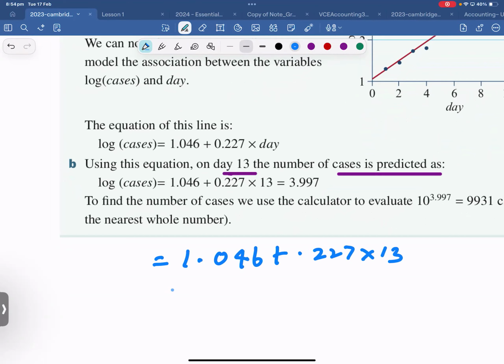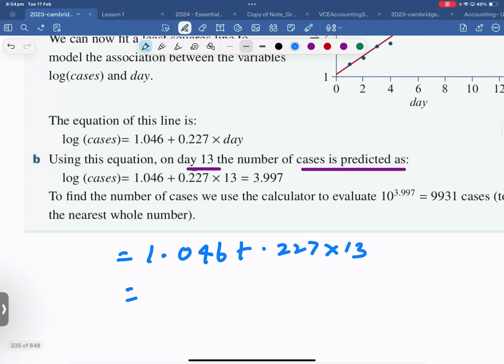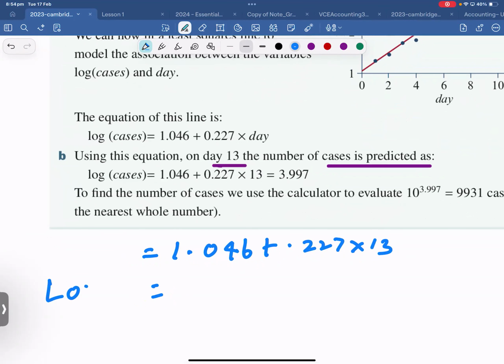Then what do we get, guys? Here the answer is 3.997. So this one, log y or cases, is going to be 3.997, right?